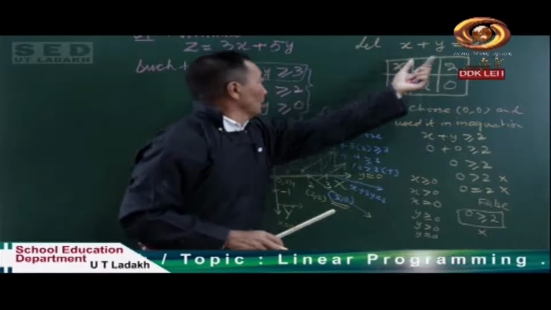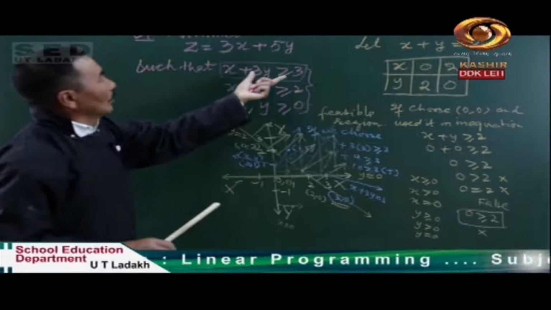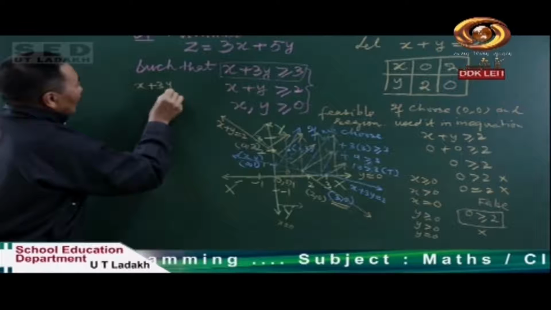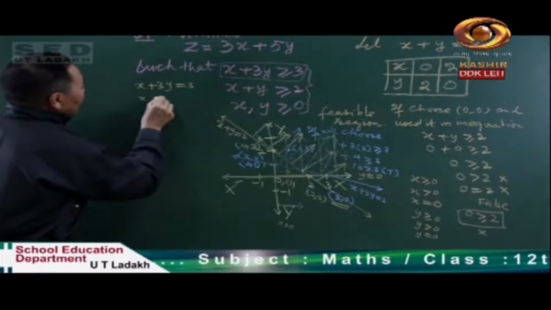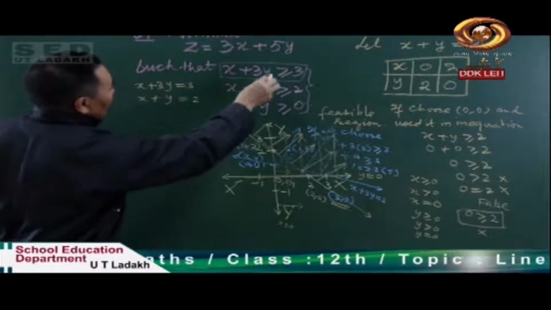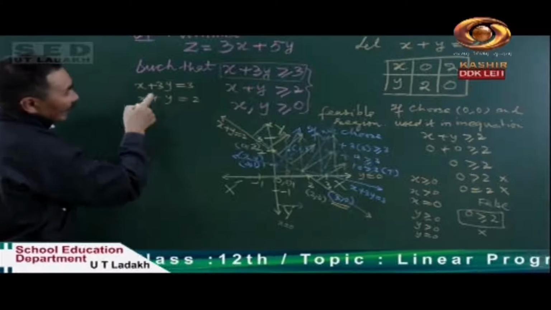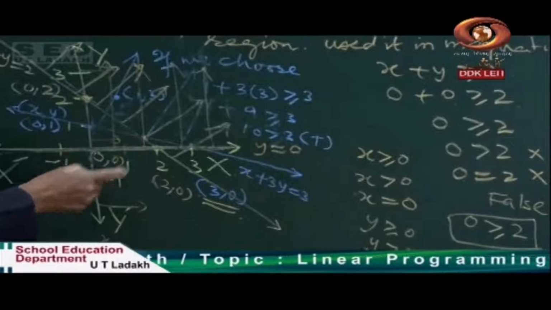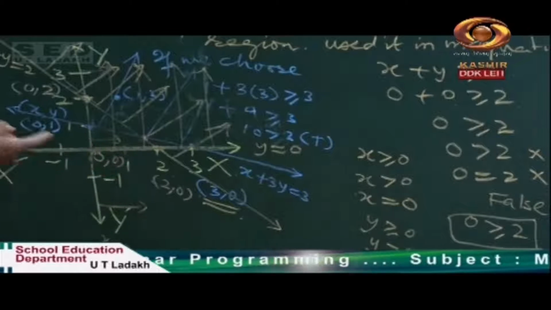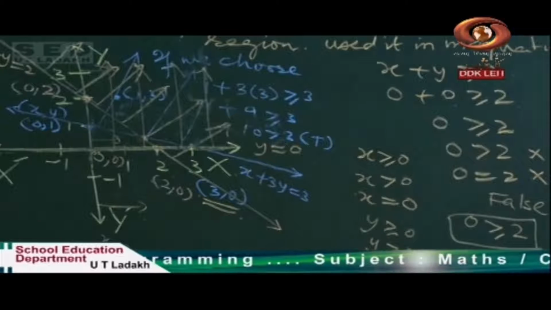x plus y equal to 2 and x plus 3y equal to 3. These are the two equations, and I have taken them because these two lines are intersecting at this point. We have to solve them simultaneously.